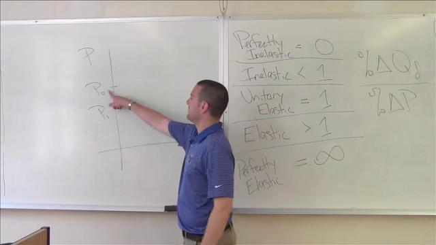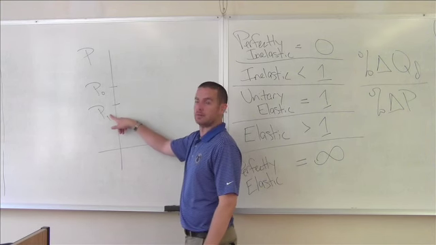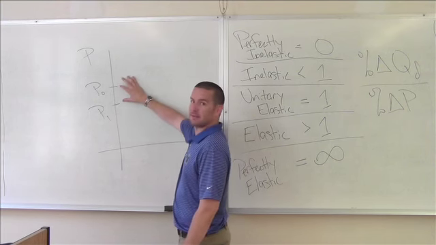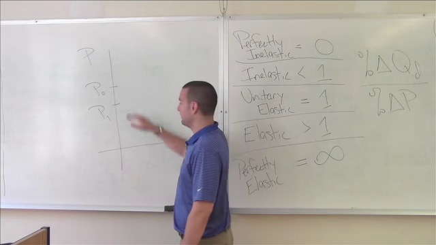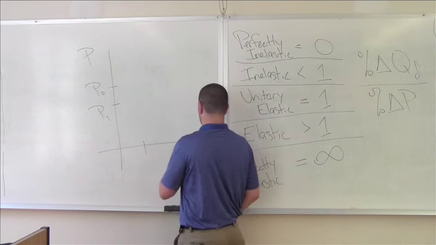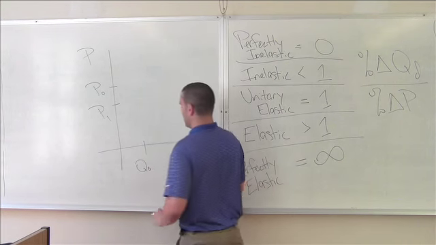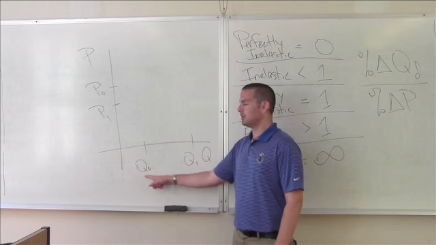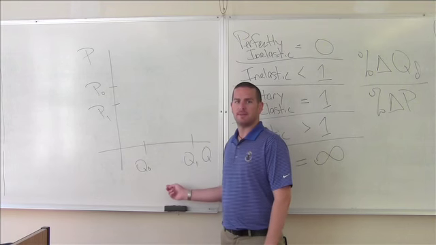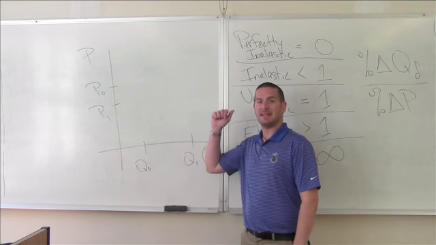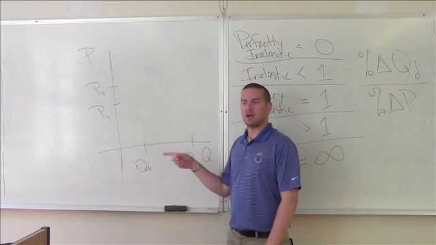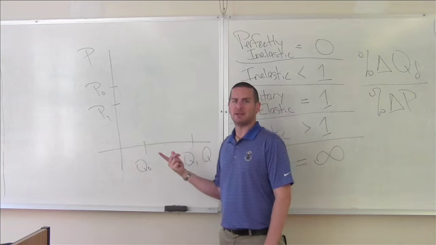We have price 0, price 1. Just a little bit, the price has fallen. But here, we have a huge increase in quantity demanded.